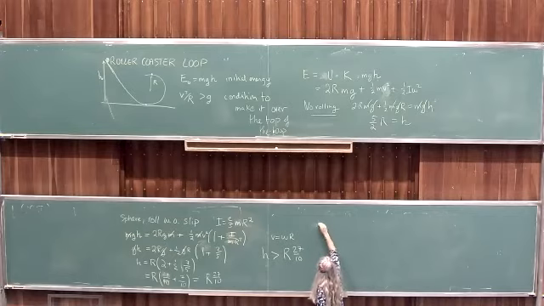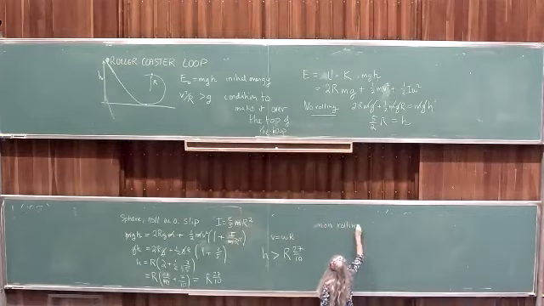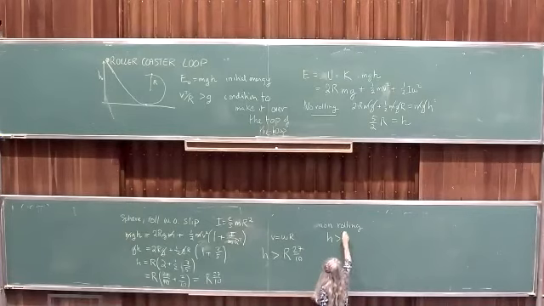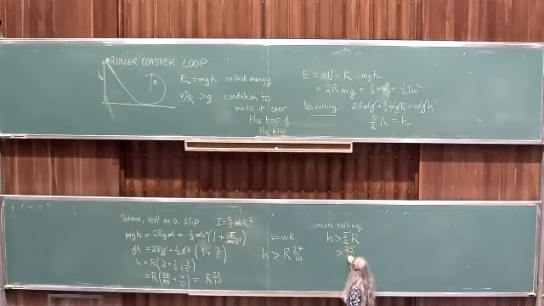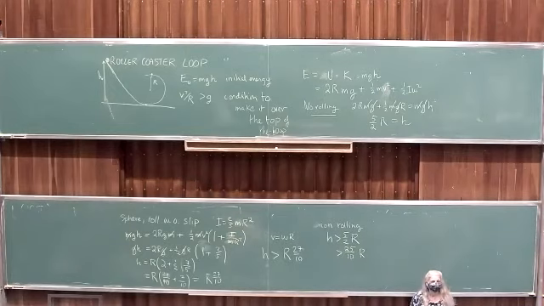When we had non-rolling, we had h greater than 5 halves r. So it might be nice to multiply top and bottom by 5. And you can see 27 is bigger than 25. So you need a bigger height.